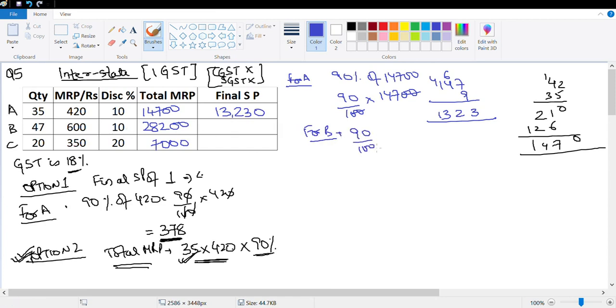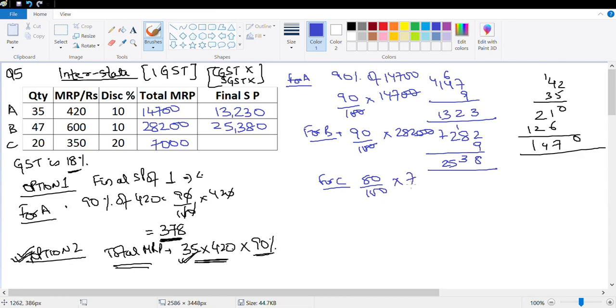So 90 upon 100 into 28,200, that's 282 into 9, which is 2538, so 25,380. And for C, my final will be 20% discount, which means 80% of 7,000. That's 7 8s are 56, that's 5,600. Perfect.